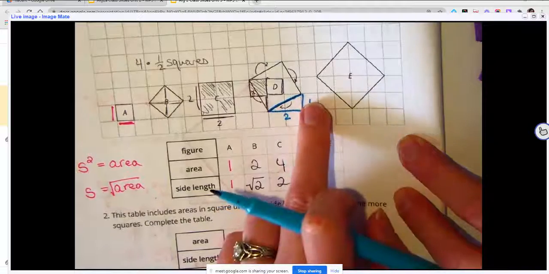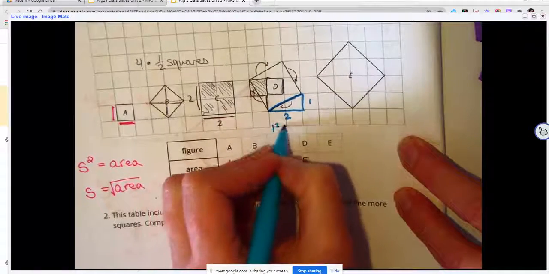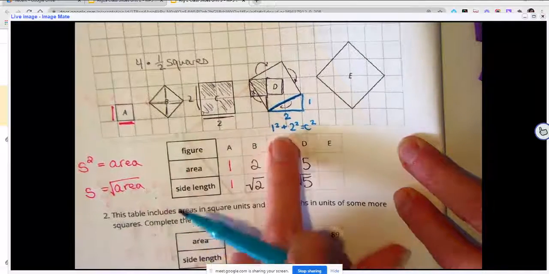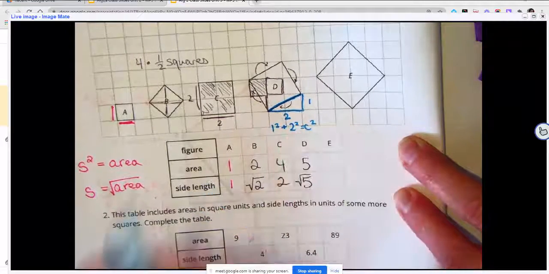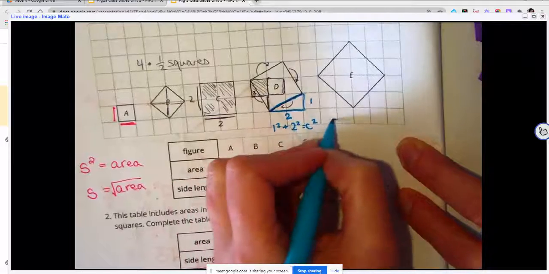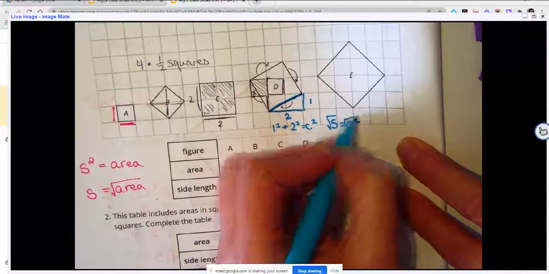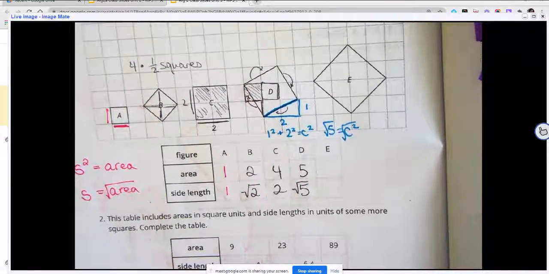And a squared plus b squared equaling c squared. One squared is 1, 2 squared is 4, so 1 plus 4, there's where we're getting that 5 for our c squared. So a side length would be that square root of 5. Either way, doesn't matter if we're working forward or backward, we get that same idea.